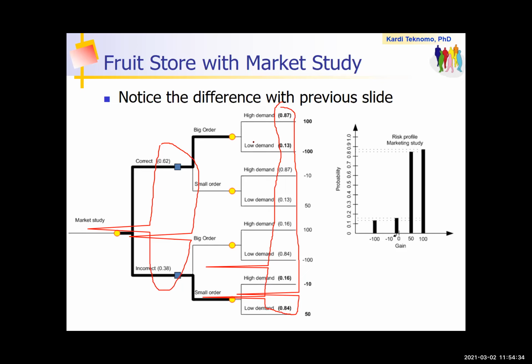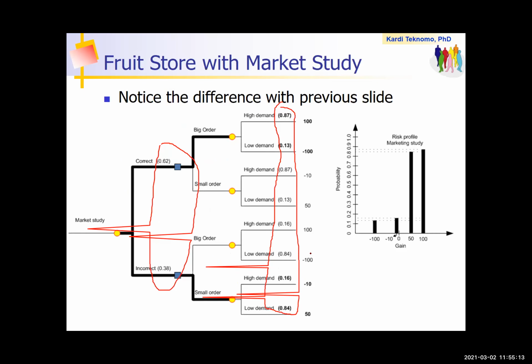The optimum decision is the one that is in bold, meaning that if you have market study and your market study is correct, you will select big order. If you have market study and your result is actually incorrect, you will select small order. So both of them are optimum decision. Can you get it? Then you calculate that and then you include it in your risk profile.